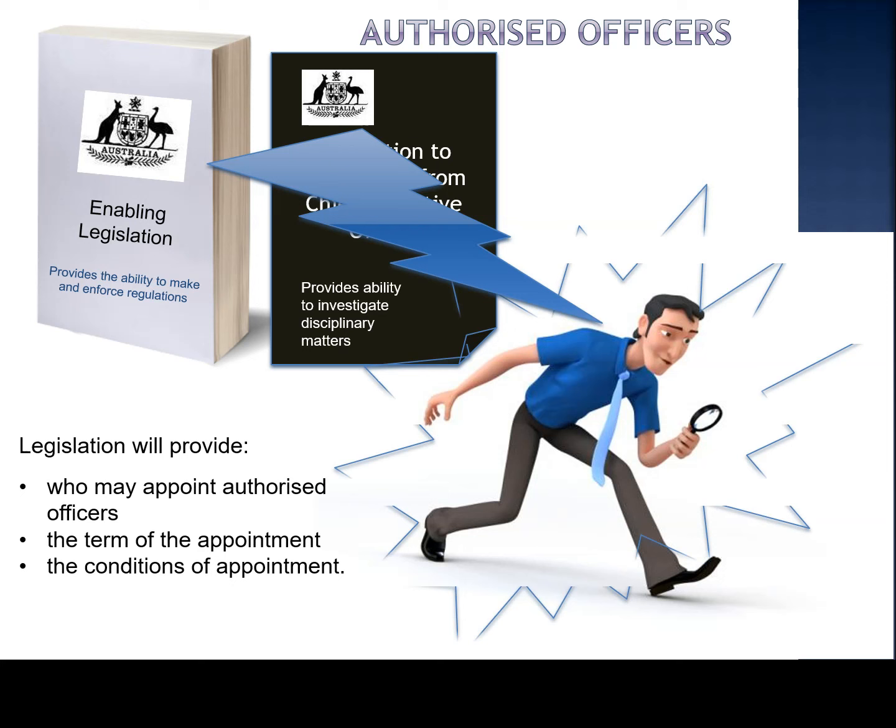If you look at legislation, any regulatory legislation, and you look at the powers, you will always have an authorised officer may, or an inspector may. It doesn't say a person may, because if it said a person may, that would mean that anyone could use those powers. So the terminology in relation to an authorised officer within legislation can be specific to that legislation.